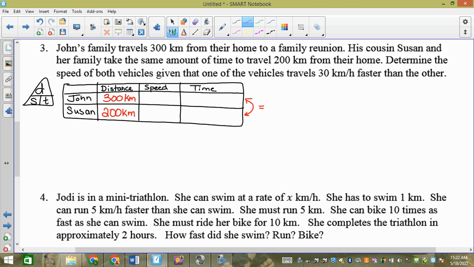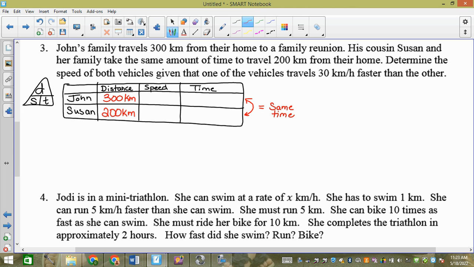These times are equal, correct? If they're the same time, their times are going to be equal. Then it says that one of the vehicles travels 30 kilometers per hour faster. So which one is X and which one is 30 kilometers faster? Which one's the slower one? Susan.